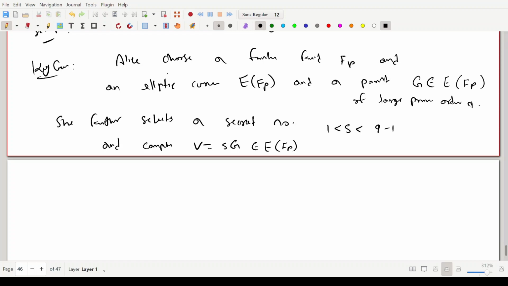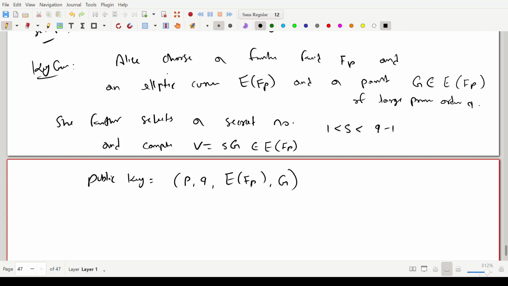So what is the public key? The public key is P, Q, the elliptic curve, the point G, and V. The verification key is V, and our signing key, or secret key, is small s.